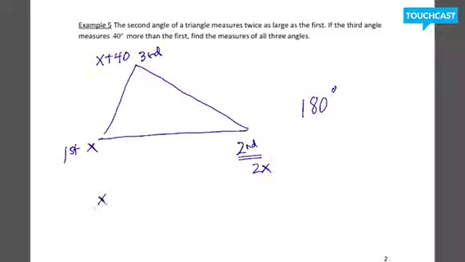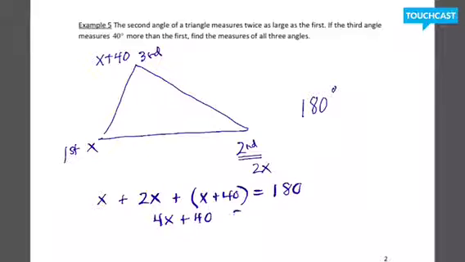I know that the first angle plus the second angle plus the third angle are going to add up to 180 degrees. And now I need to simplify on the left-hand side and solve for x. So adding up all these x's, I get 4x plus 40 equals 180.